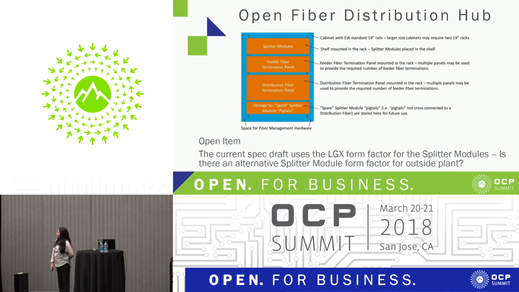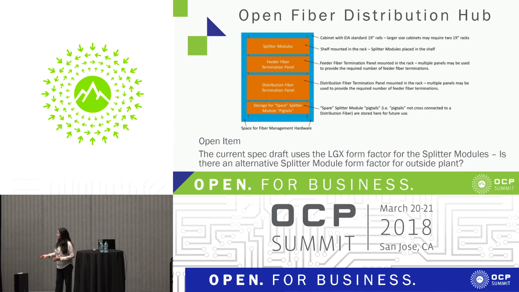Now, going into the Open Fiber Distribution Hub, this is being authored by my colleague, Earl Pope. Unfortunately, he couldn't be here, so I would like to introduce this spec as well. There's a lot of updates that have happened in the last couple of weeks. I know we talked about it on last month's call as well. This is pretty much a passive device with fiber connectors.